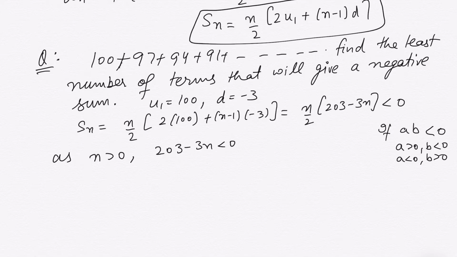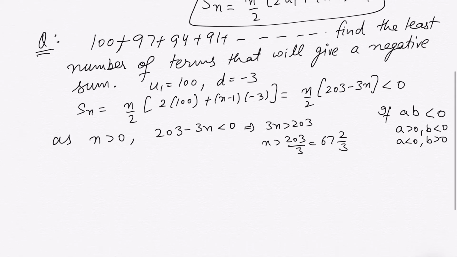So because n is positive, the other term which can be negative is 203 minus 3n, so that my whole product is negative. And if I try to solve this, I'll get 3n greater than 203 and n is greater than 203 by 3, which is 67 and 2 by 3.